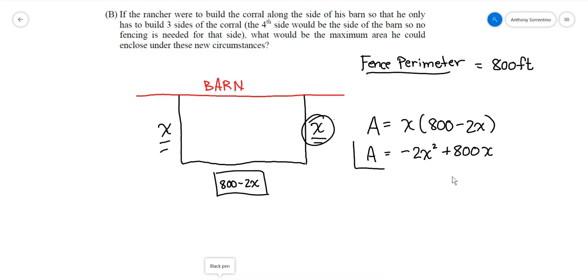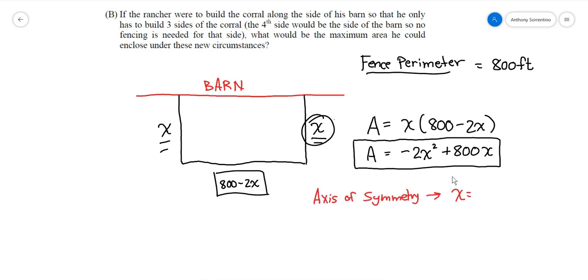And so this is the formula that represents every possible area I can get from 800 feet of fencing, and I want to find which one's going to have a maximum area. Where's the area going to be the largest? And that's going to happen at the axis of symmetry. So my axis of symmetry is going to happen when x equals negative b over 2a, which is going to give me negative 800 over negative 4, which is 200.